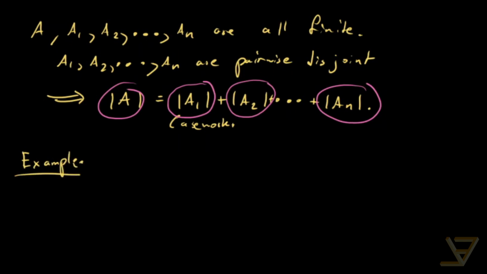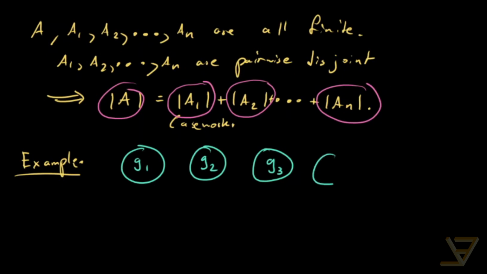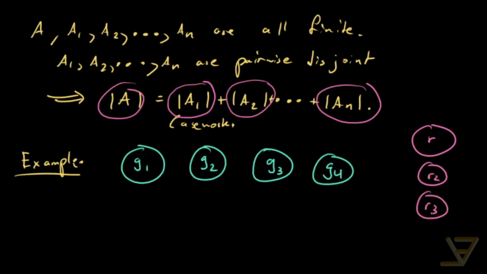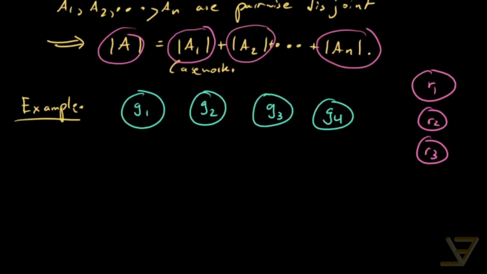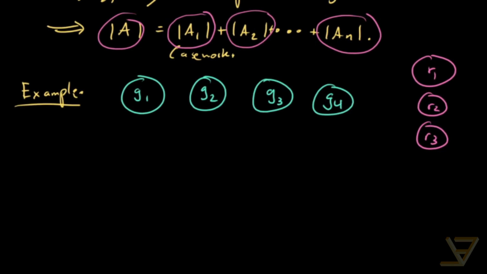Let's say we've got 4 green balls, G1, G2, G3, and G4. And suppose we have 3 red balls, R1, R2, R3. And we want to know all the ways of pairing up a green ball with a red ball. So what we'll do is break it up into cases. Case 1 is where we have G1 being the green ball.